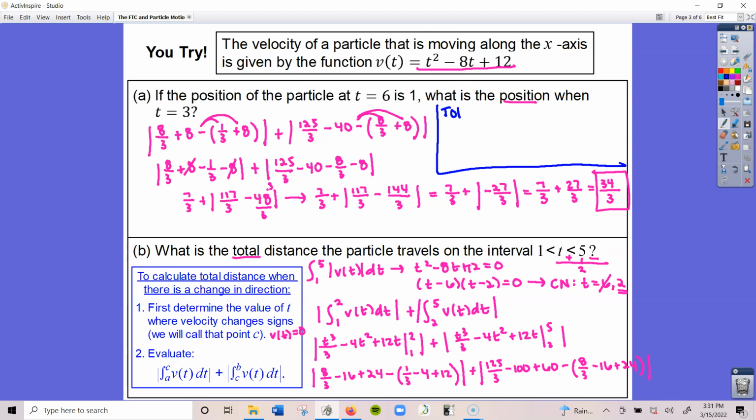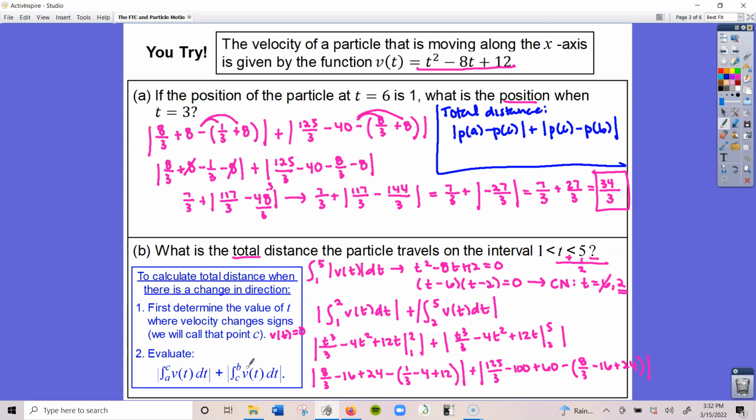Total distance before was defined as the absolute value of P of A minus P of C plus the absolute value of P of C minus P of B. So the distance between the starting point and where it changes plus where it changed, the distance from where it changes to the end point, which is exactly what this is.